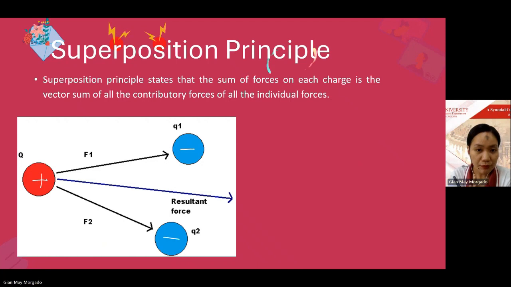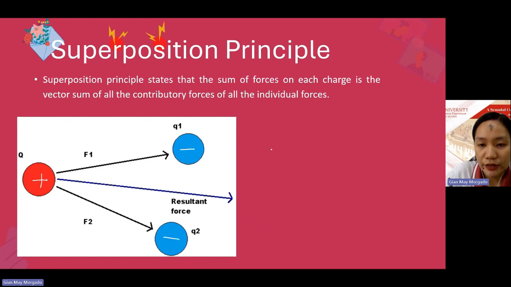and Q2. And this is known as the superposition principle, wherein the sum of forces on each charge is the vector sum of all the individual forces. So all the individual forces present right now, as exerted by Q1 and Q2, will be added, and the sum of their forces will be the one that will cause the motion of the positive particle.